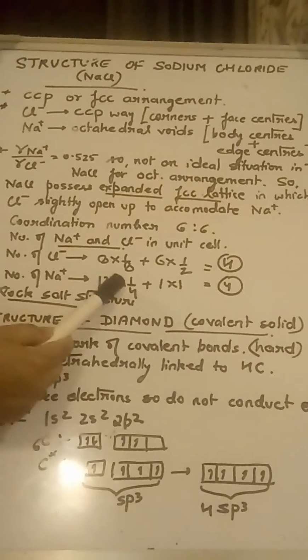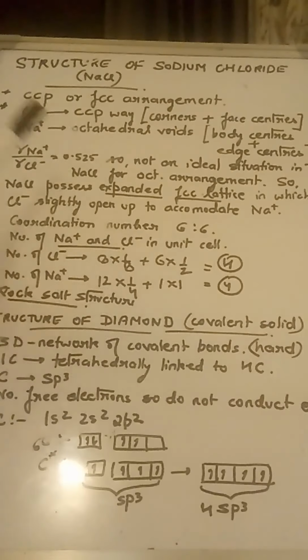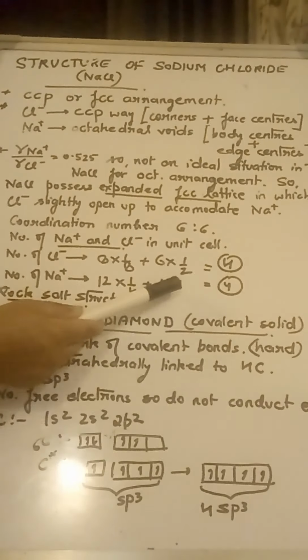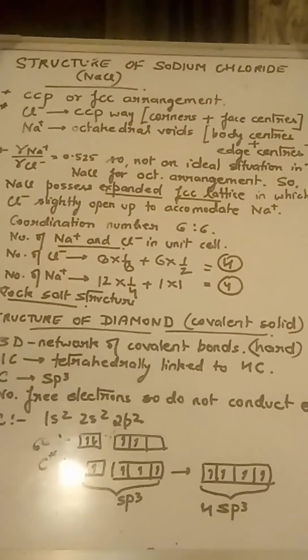So 12 into 1/4, plus the sodium ion at the body center, where the contribution is 1, so that again makes it 4. So there are 4 sodium and 4 chloride ions in one unit cell of sodium chloride.